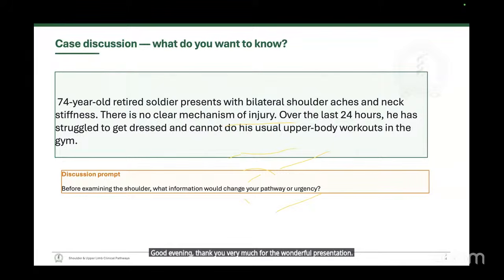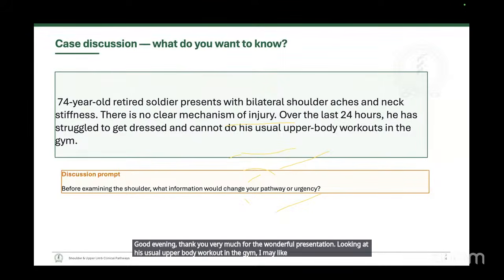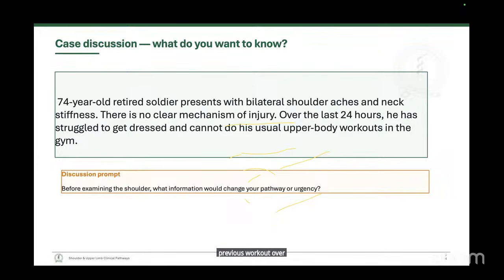Looking at his usual upper body workout in the gym, I think that possibly he must have overloaded the upper limb muscles, and that leads to maybe either muscle strain or ligament strain around the shoulder joint, or possibly a mild muscle tear as a result of previous overload of muscles during a workout in the gym.